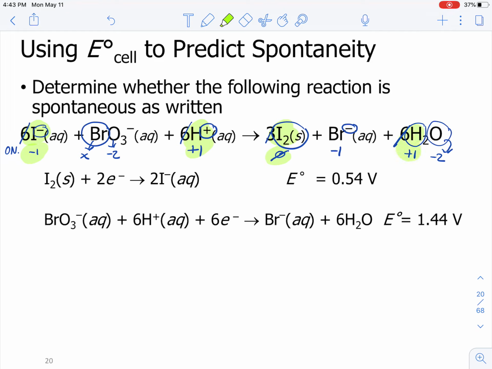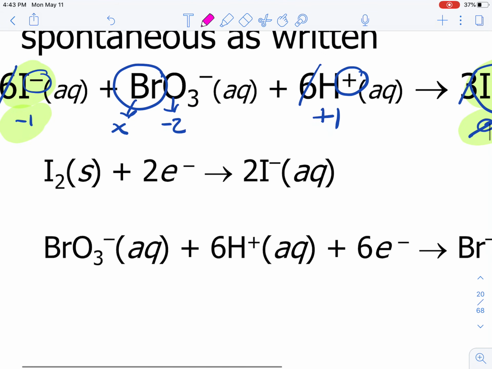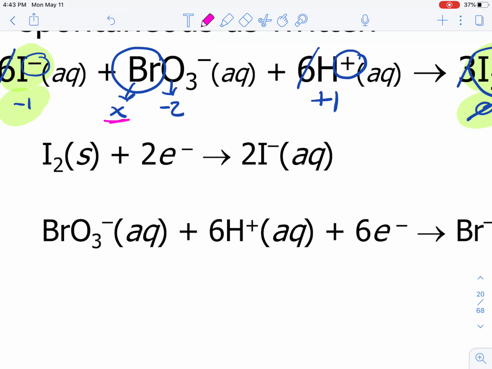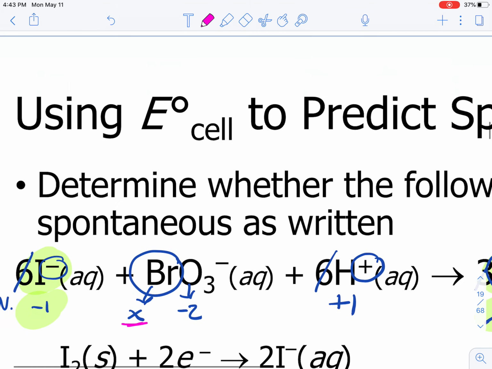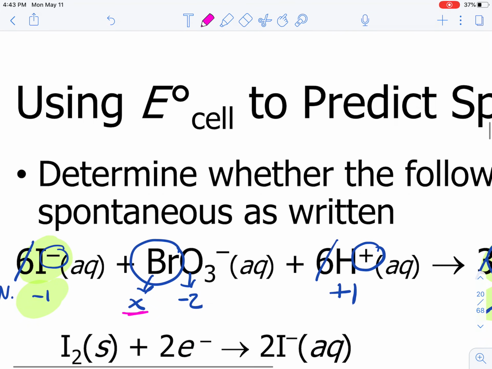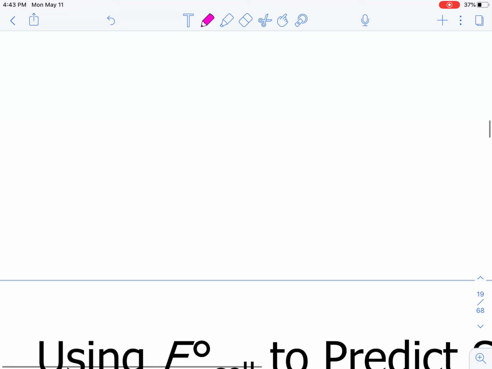So nothing really happened with hydrogen, and I'm just going to ignore that. And notice that I still have an X value for bromine. I would ideally like to determine the oxidation number for bromine just to be certain if it's undergoing oxidation or reduction.